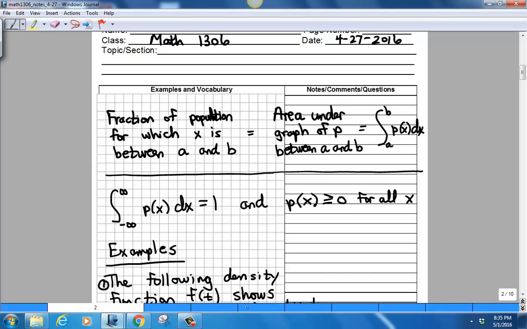And we often interpret these areas as percentages.